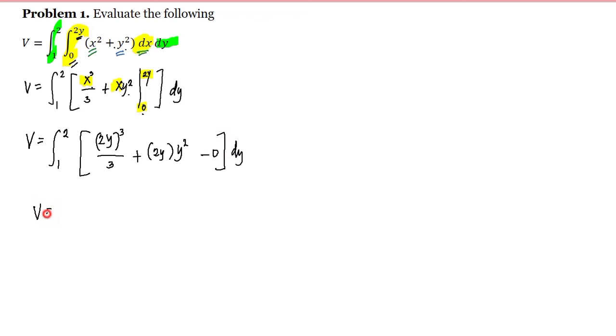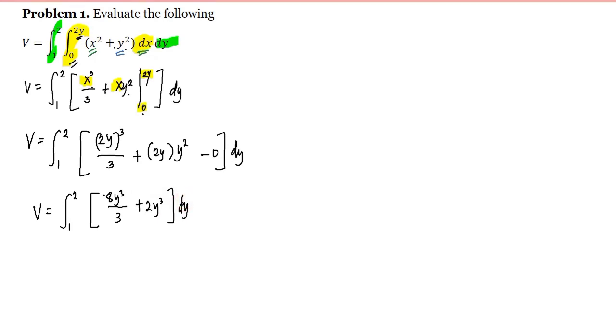So if we are going to simplify this further, then we have here 8y cubed over 3 plus 2y cubed dy.